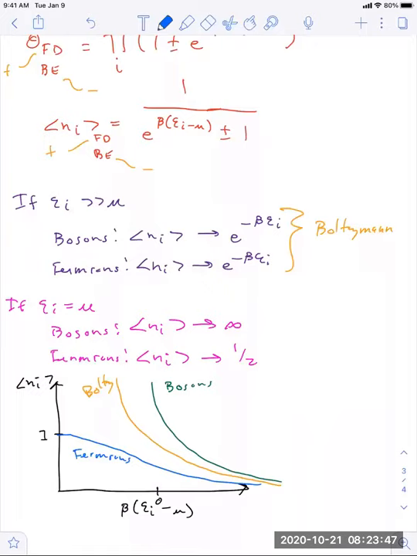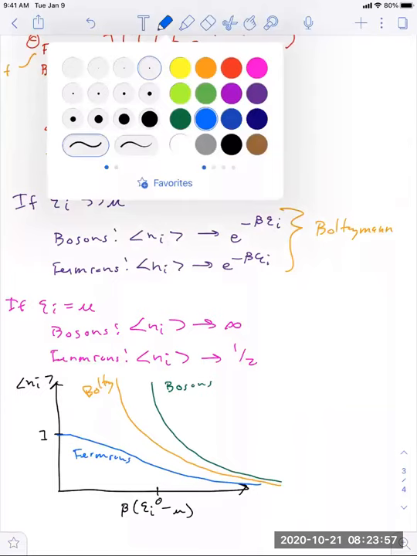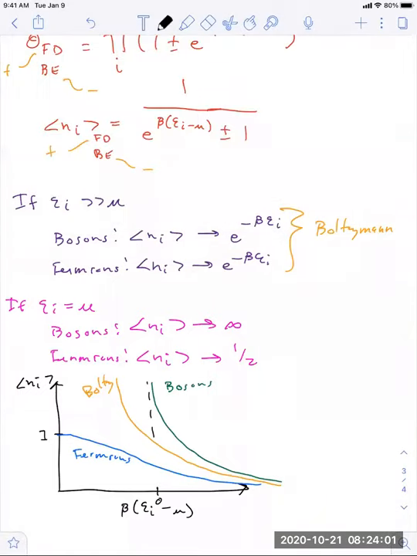Yeah, so basically in the definition of chemical potential for bosons, it can't be less than the energy. So we get an asymptote that goes to here. You can see in this expression that if epsilon minus mu equals 0, then for bosons we would have 1 over 1 minus 1, which equals 1 over 0.